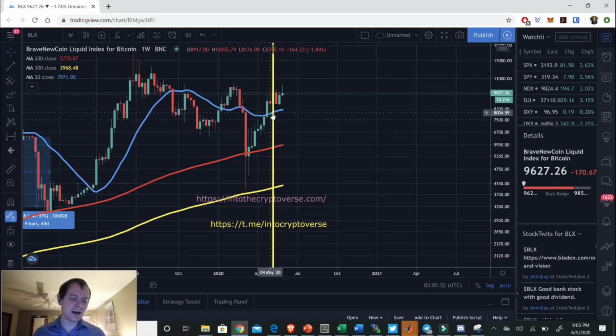Because if you see weekly candles closing below the 20-week moving average, then likely our next stop is the 100-week at 7,200, and then the next one after that could be the 200-week at around $6,000.